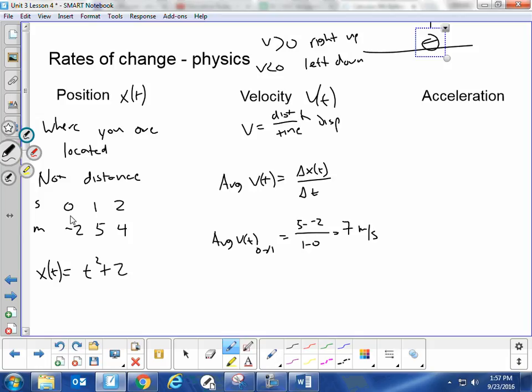Well, what if I asked you to find the velocity just at the first second? What's going on just at the first second? The best way to find out what's going on with our velocity given position is to look at the instantaneous rate of change of my position. So really, instead of using a delta, which stands for an overall change, I can use a d.